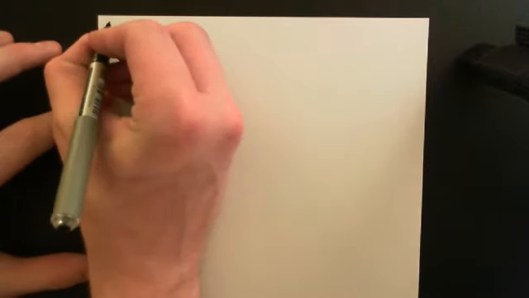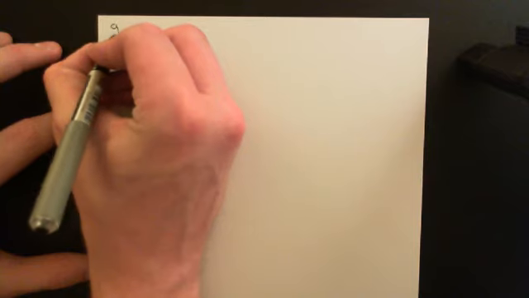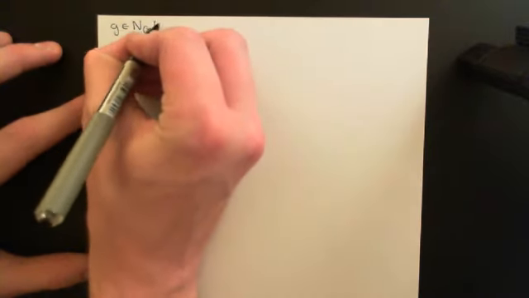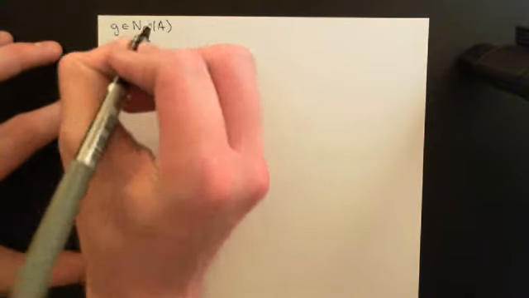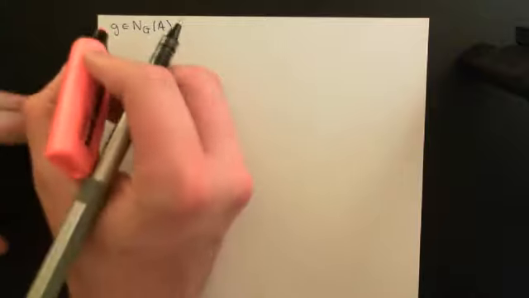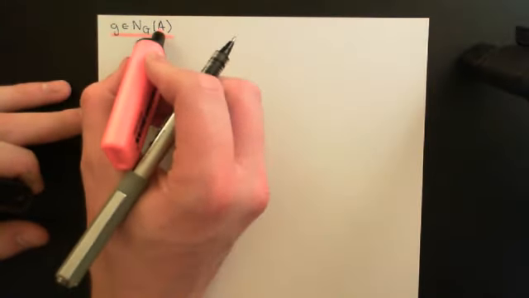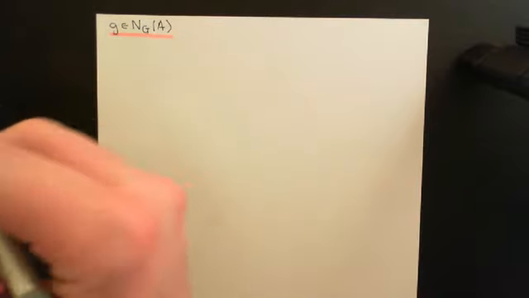Basically, if you have some element little g from the normalizer of this set A in the group G, you can use this to associate with the element little g a set permutation of the set capital A.